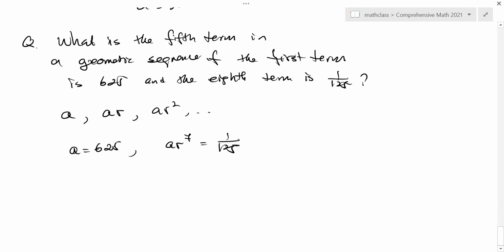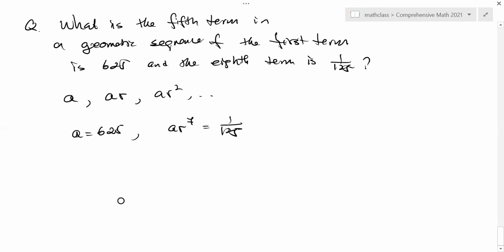I already mentioned at the very beginning for the above problem that this is a sequence of positive terms. So if r is negative, then the sign alternately changes. So that's why this case is excluded. Once you get that, if you understand this geometric sequence, then you just solve this.